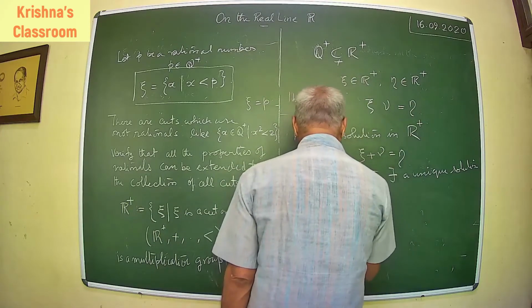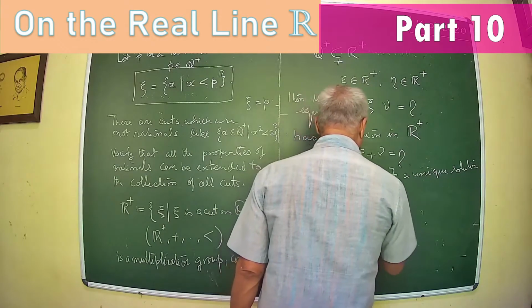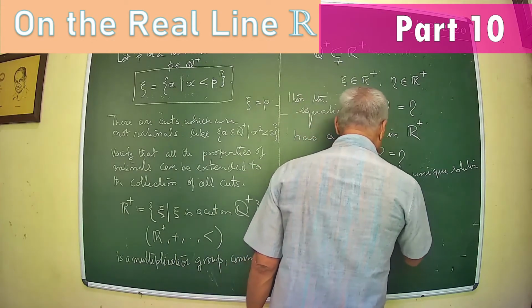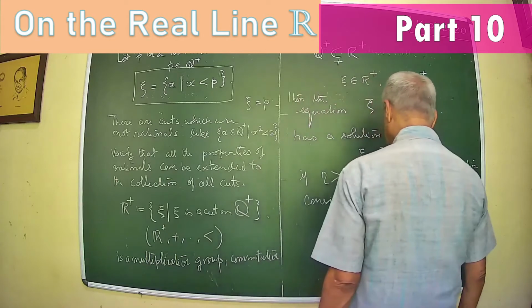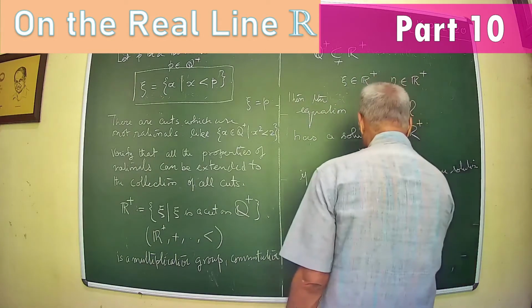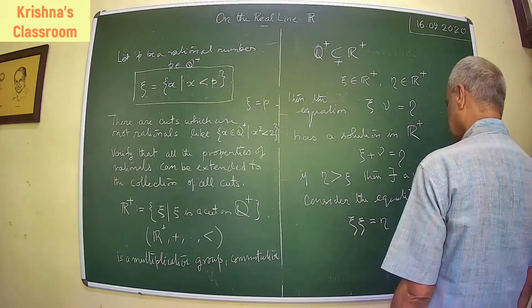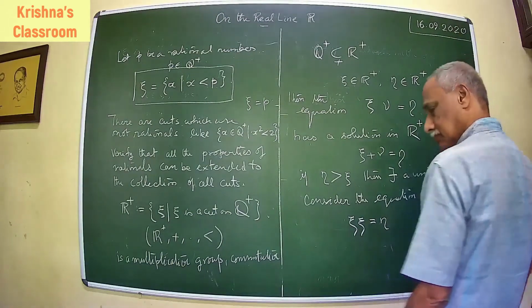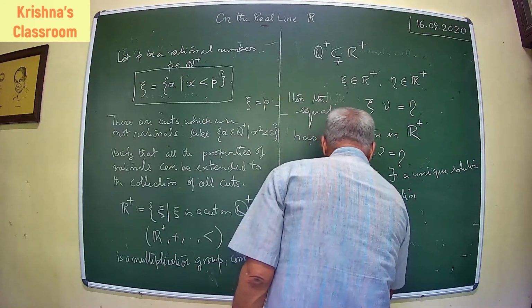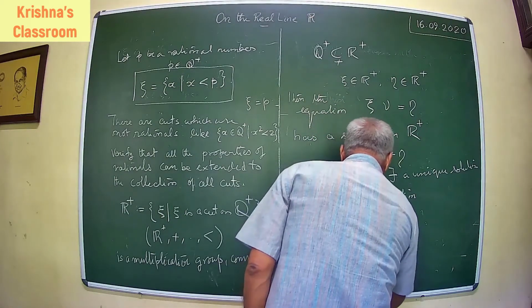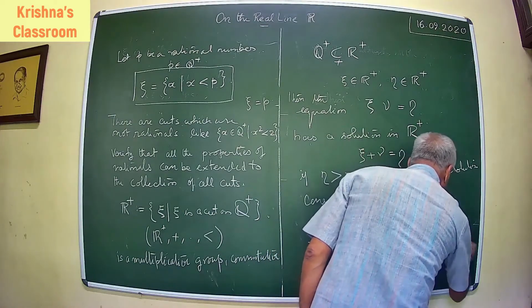If you take the equation psi into psi equal to eta, then this has a solution for any eta in Q plus.